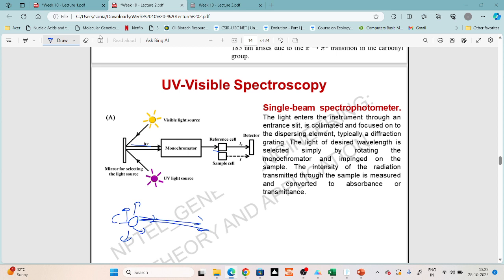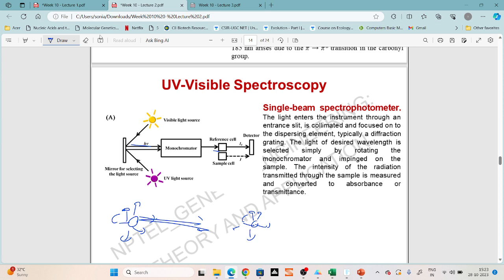Basically what happens is the light enters the instrument through an entrance slit, is collimated and focused onto the dispersing element. The light of the desired wavelength is selected simply by rotating the monochromator. When you are getting a UV light source, the light is of many different wavelengths, but you want light of a single wavelength.